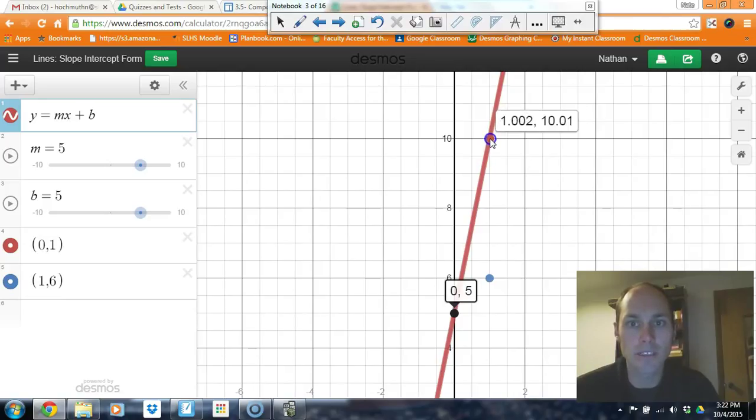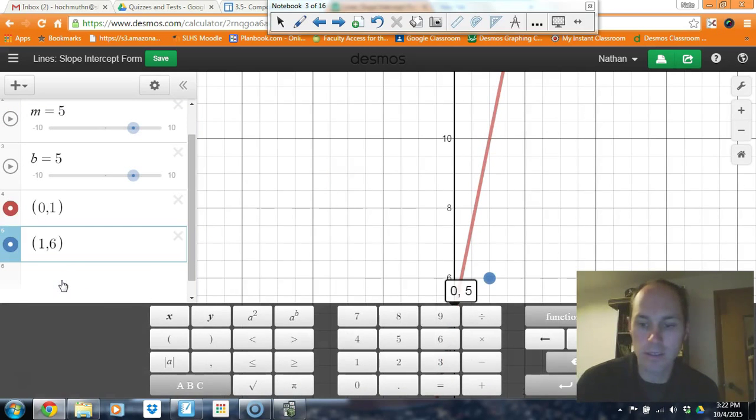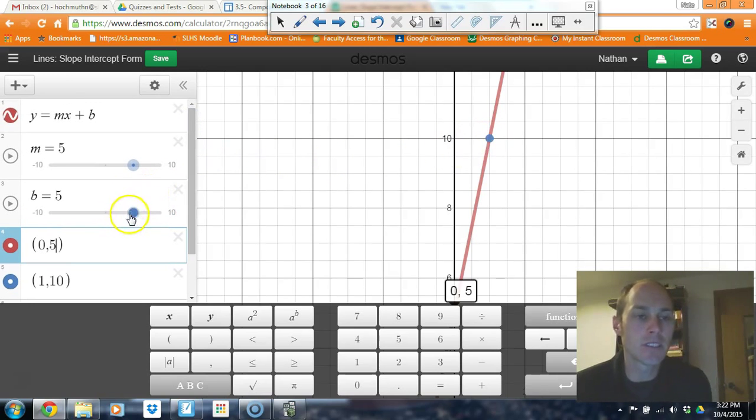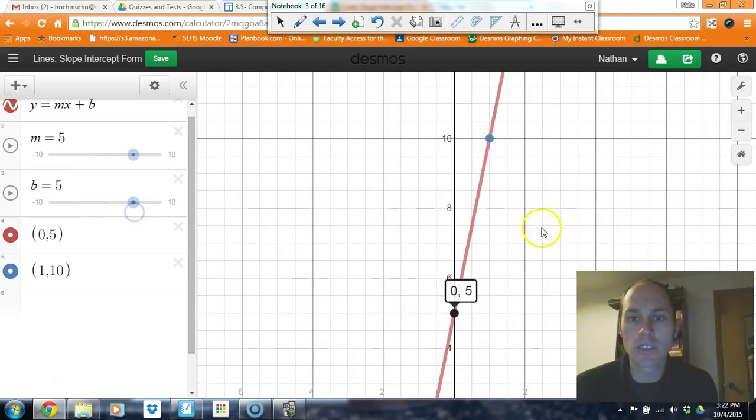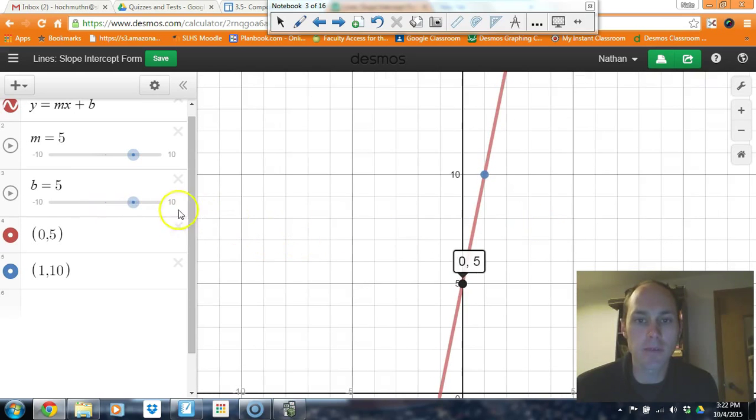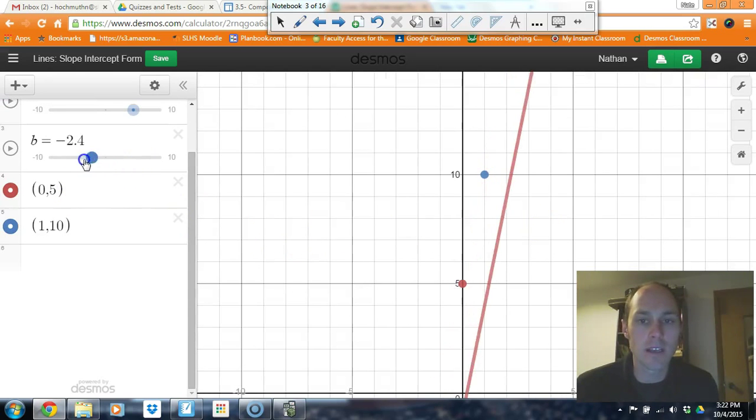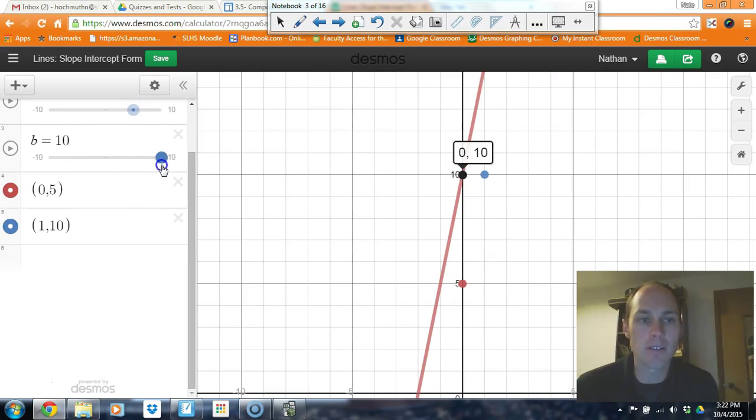If its coordinates are 1, 10, and 0, 5, what would the slope be? Well, I'm going up 5 units over 1 unit, so it's still a slope of 5. So this b value just shifts my graph. It just moves it up and down.